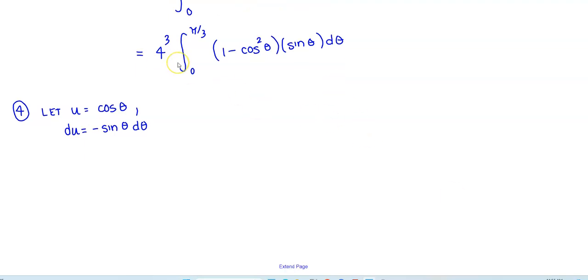So now looking at this integral, we have 4 to the third power, which now becomes 64, going from 0 to pi over 3 of 1 minus the cosine squared theta times the sine of theta d theta.